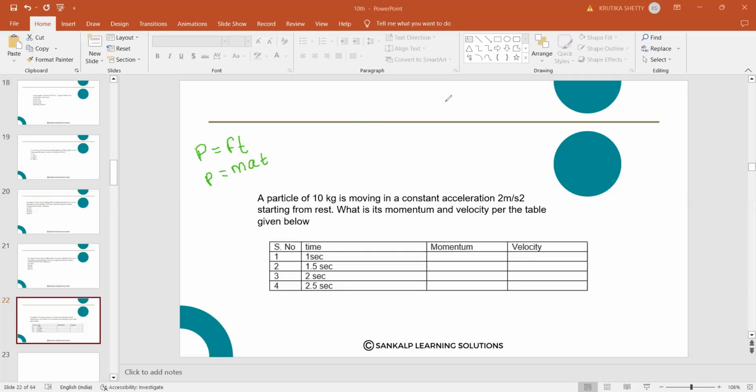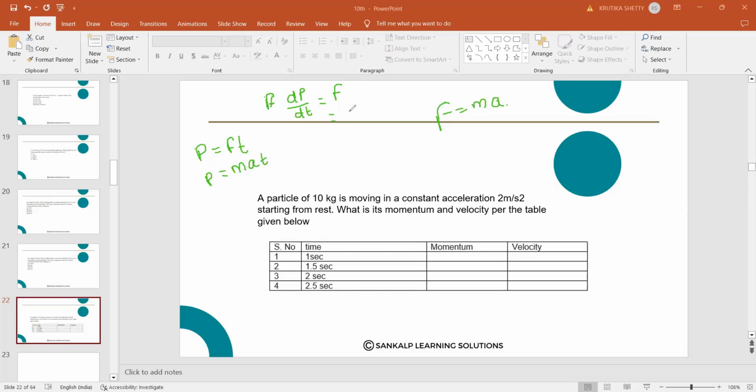We derive Newton's formula F is equal to ma. While deriving, according to the second law statement, the rate of change of momentum is directly proportional to the applied force.